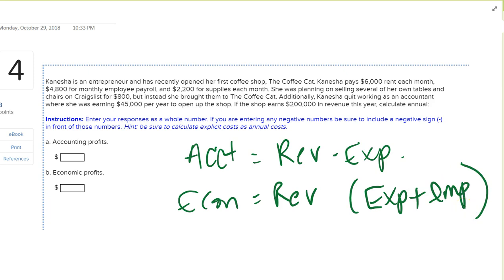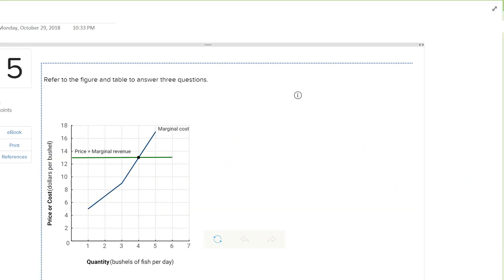So in this case, you should be able to easily calculate her total explicit costs and her explicit plus implicit costs.